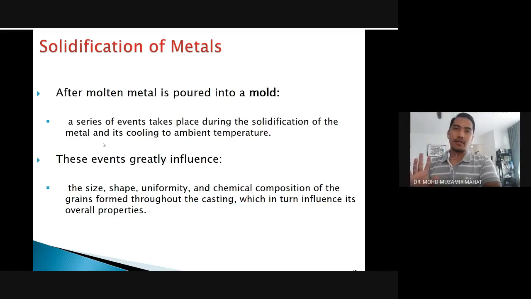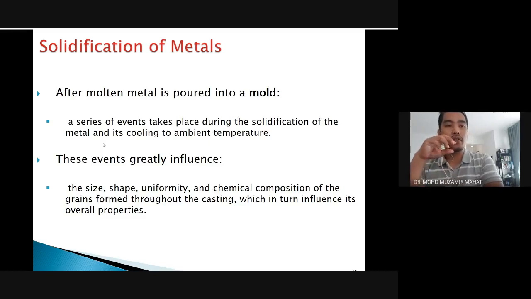These events are greatly influenced by the shape, size, uniformity, and chemical composition of the grains formed throughout the casting, which in turn influence its overall properties.